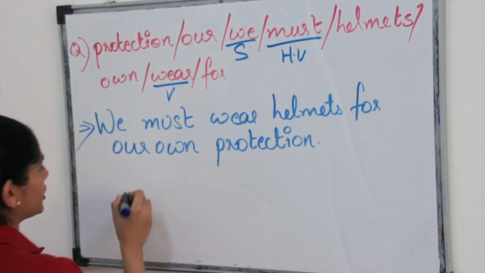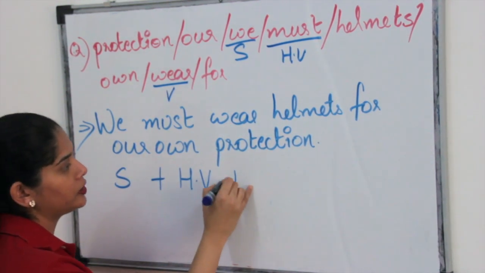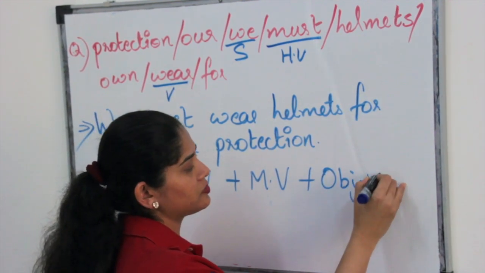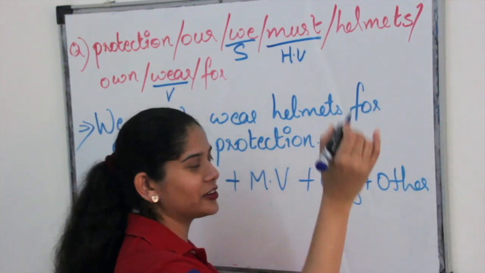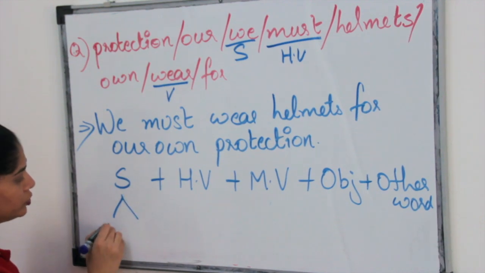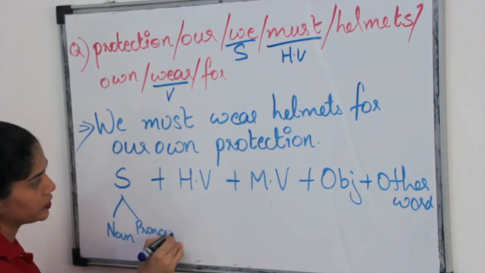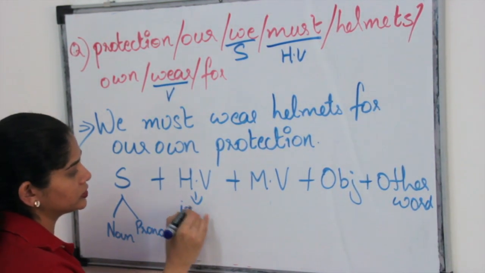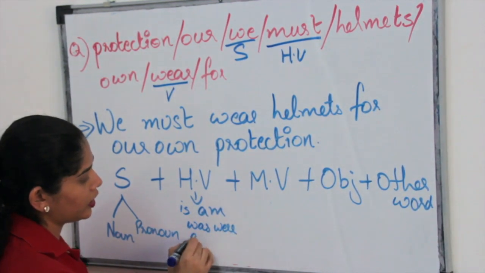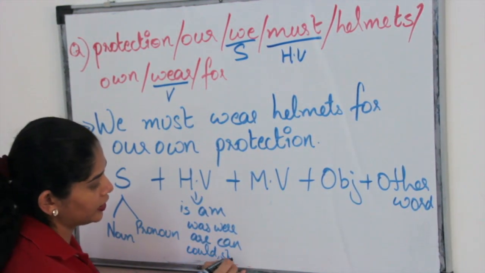So I hope you remember the thing. The first thing was subject plus helping verb plus main verb plus object, and maybe other words if the sentences are very long. Now the subject can be, I told you, a noun or pronoun. What are helping verbs? Is, am, was, were, are, can, could, should, like that.